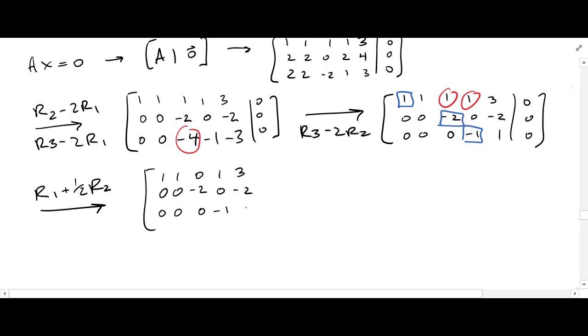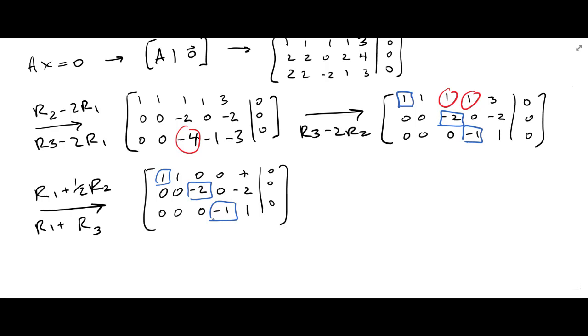Then you can do row 1 plus row 3, so you get a 0 here and a 4 here. Okay, so that's reduced row echelon form. Those are pivots. Some people require the pivots to be 1s, but it doesn't really matter that much. It won't change your answer in the end.